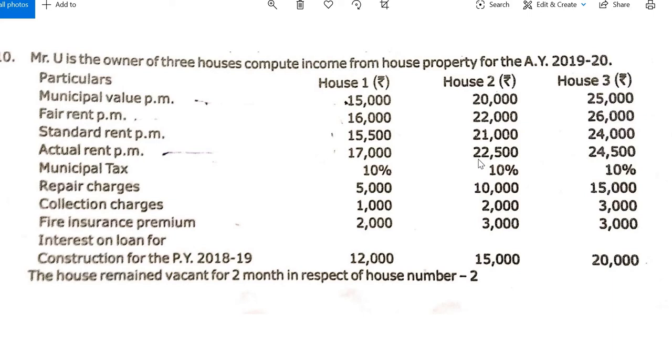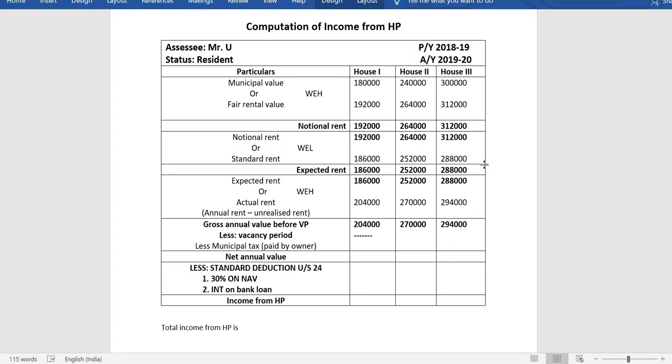Actual rent is 22,500. The vacancy period is 2 months. That means the house was vacant for 2 months, so there is no rent for those 2 months. So you need to minus the 2 months rent. 22,500 into 2, you will get 45,000. So the vacancy period amount is 45,000, and for house 3, again nothing is given.